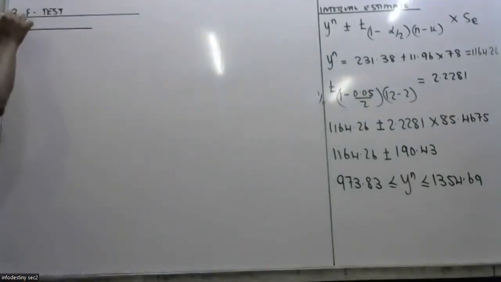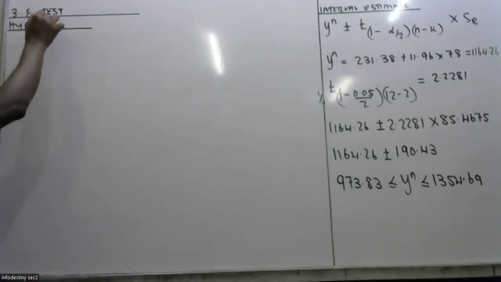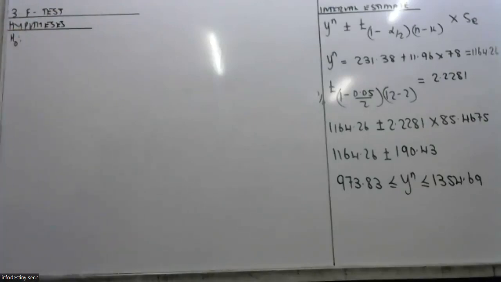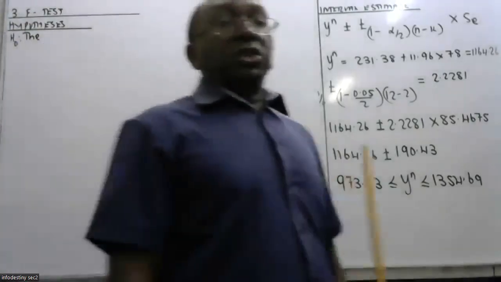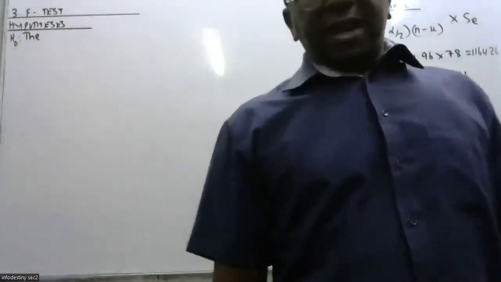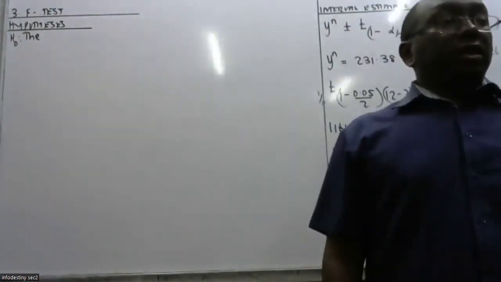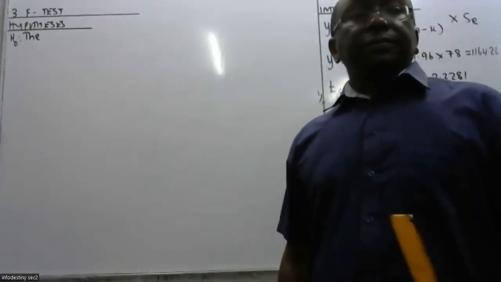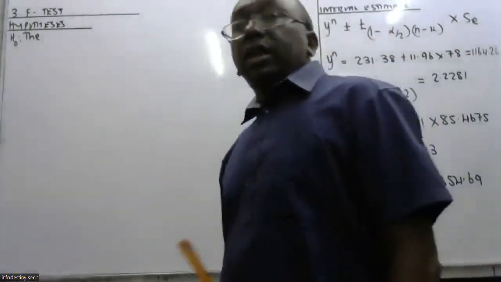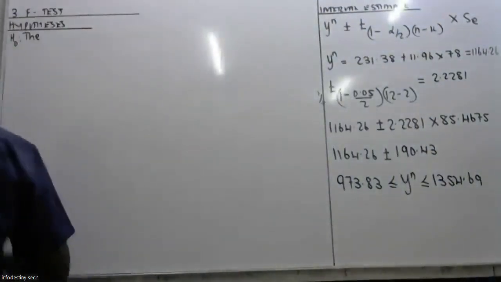So it proceeds like this. You write the hypothesis, the null hypothesis. H naught is that the relationship is not significant.